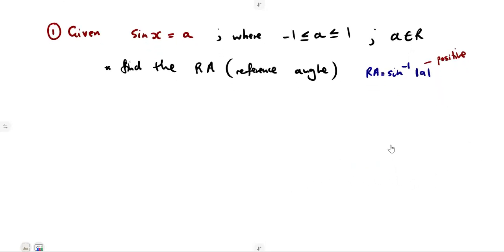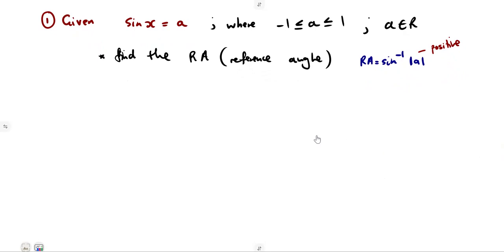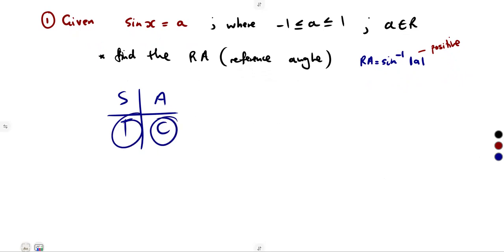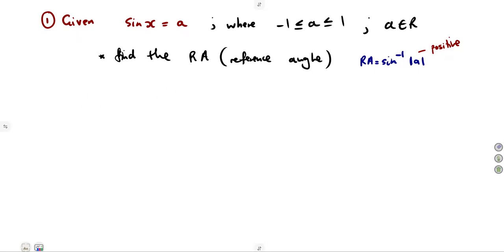The negative is for the quadrant, to say which quadrant it is, from the CAST concept. There's a negative, so sine is negative in these two quadrants, or it's positive in the first and second quadrant. That is where the sign plays a role. So on determining the reference angle, you ignore that sign. You just use the magnitude as a positive.